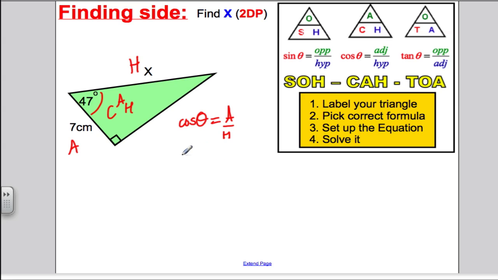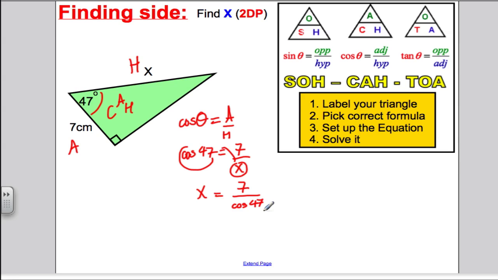Substitute in. So cos of 47 must equal 7 divided by x. X is your hypotenuse. Remember this, we want to get x the subject, so this here swaps with this, and we would get x is equal to 7 divided by cos 47.